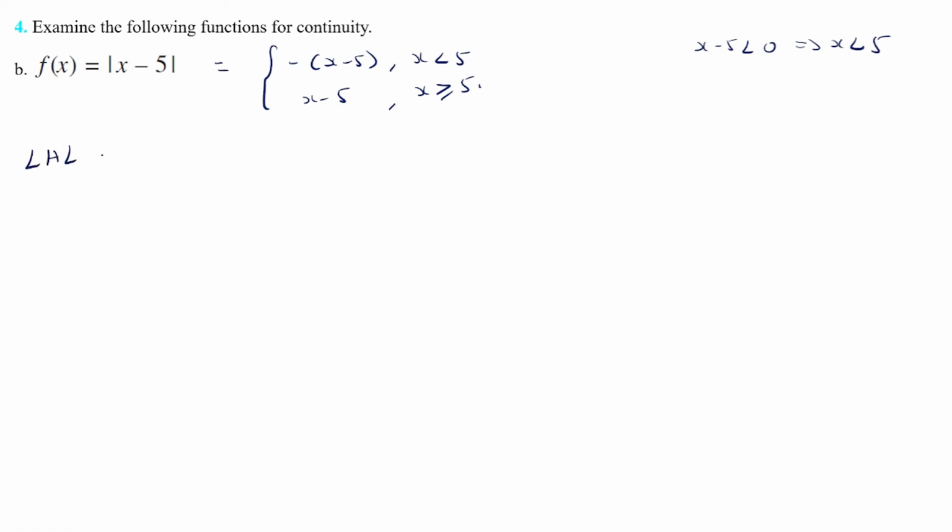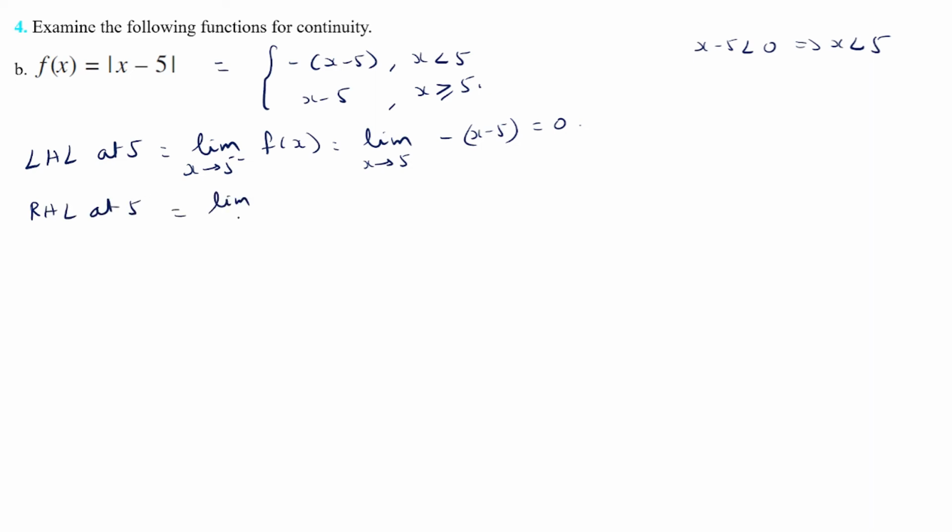Now let us take the left hand limit at 5. It is equal to limit x tends to 5 minus f of x, which is equal to limit x tends to 5 minus of x minus 5. So it is 0. Now the right hand limit at 5 is equal to limit x tends to 5 plus f of x, which is x minus 5.